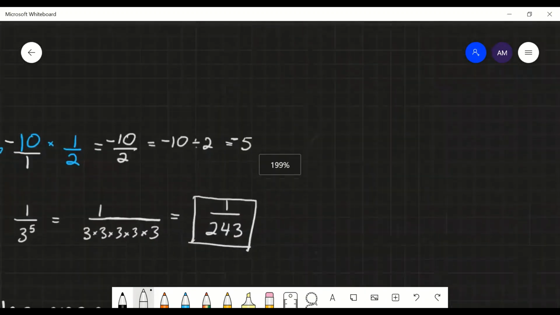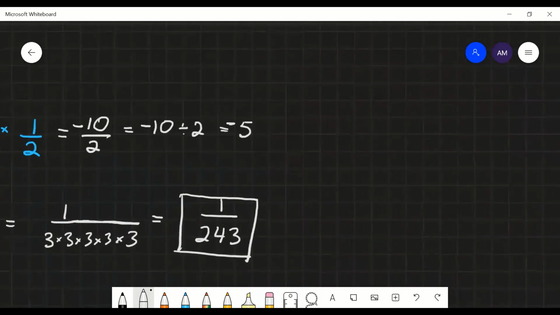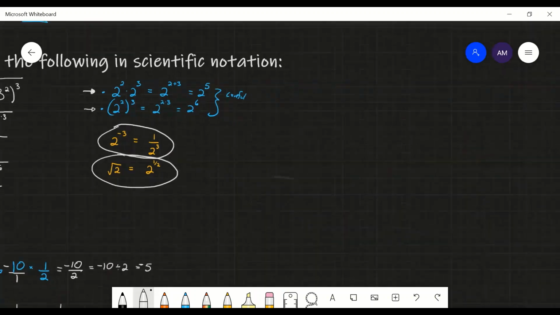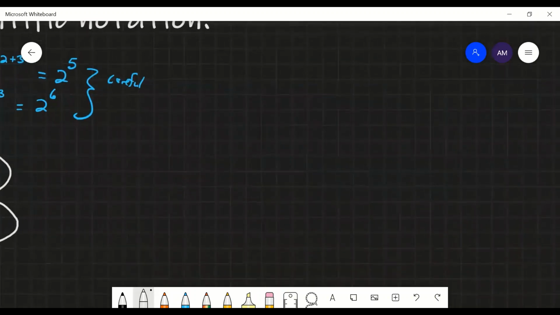So we figured out what the value of this expression was. I'm going to write it up here: 1 over 243. Now this part will require a calculator.